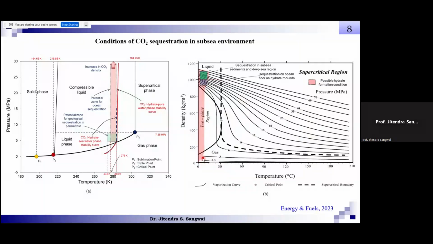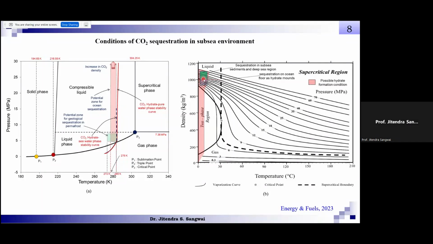So if you look at the pressure and see some of these isochores here, this is 9 megapascal. So if you want to read the density of the CO2 at 9 megapascal and 4 degrees centigrade, the point should come over here somewhere, about 950 kg per meter cube or something like that, which is lower than 1000 kg per meter cube, which is a typical density of water or seawater, for example.